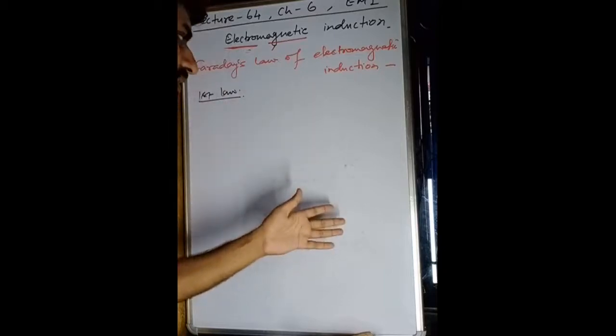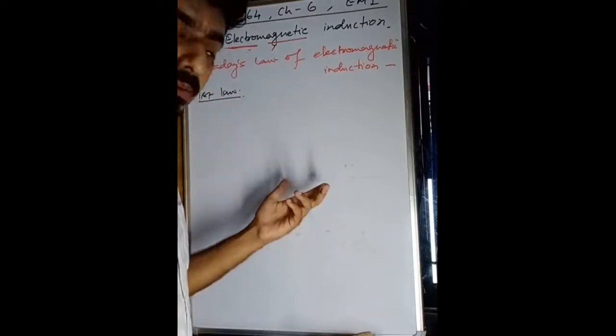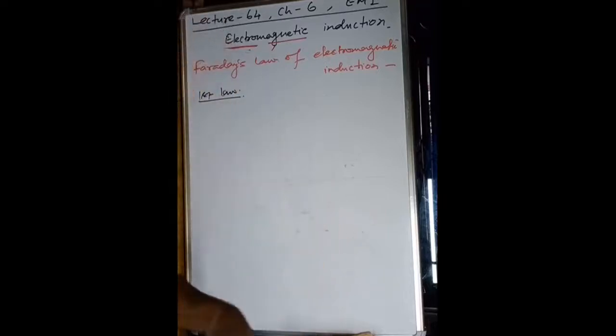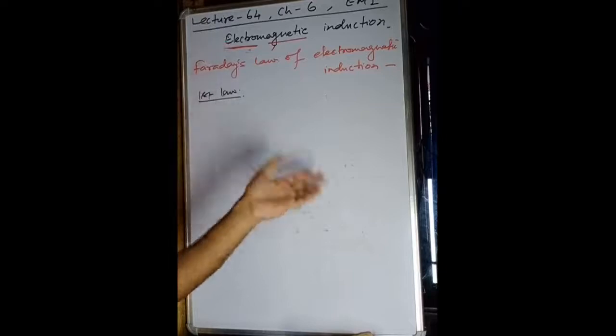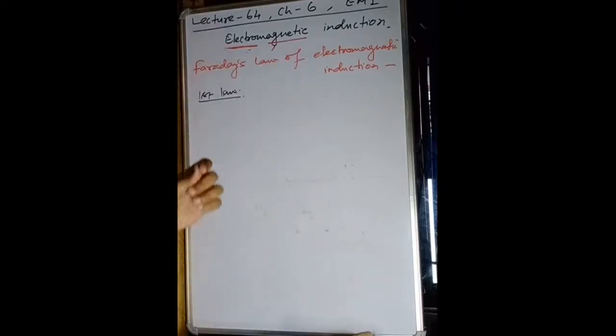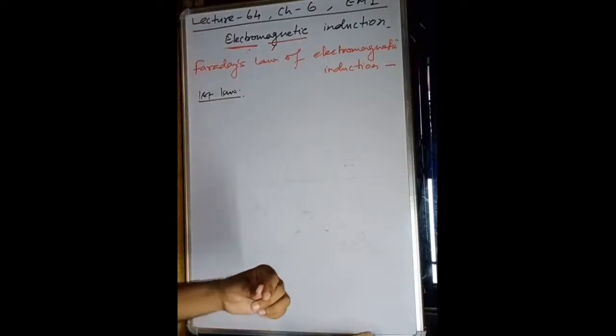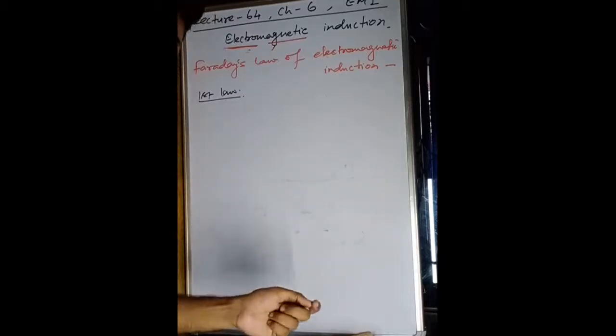If there is no change in flux, there will be no EMF induced and no current induced in the coil. So we can write the first law, kindly write down: whenever magnetic flux linked with the coil changes, an EMF and hence current is induced in the coil.